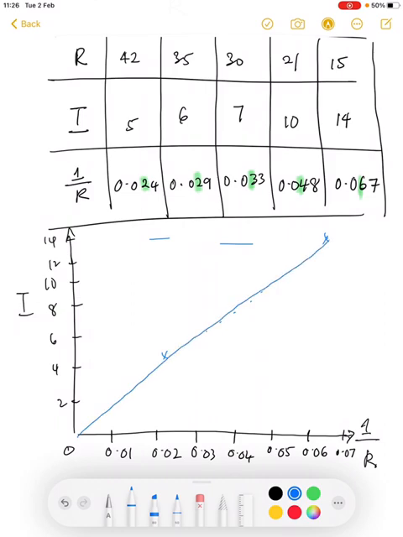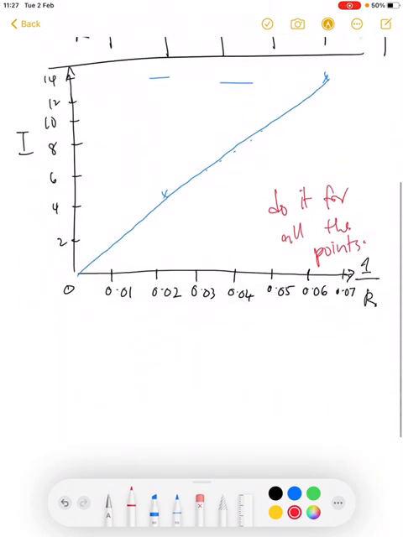Do it for all the points. So after we have looked at the graph of I against 1 over R, can we say that I varies inversely as R? Yes, I varies inversely as R.